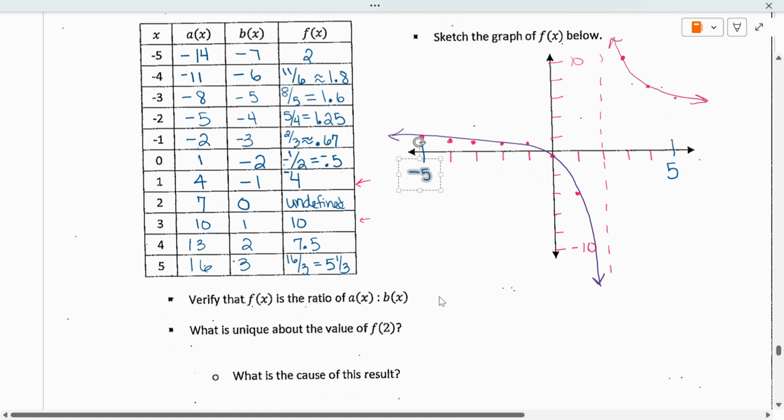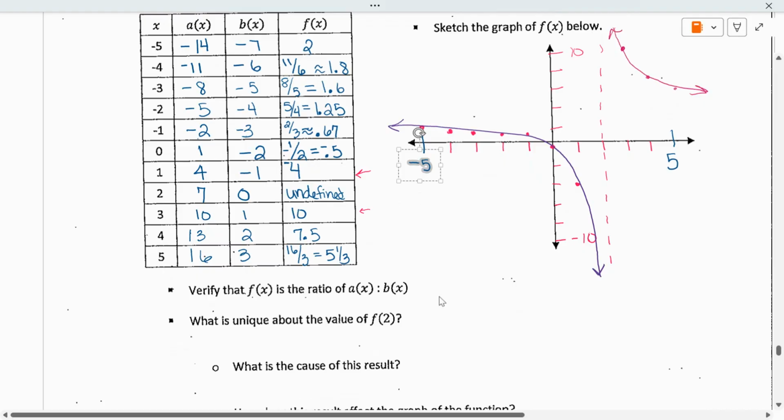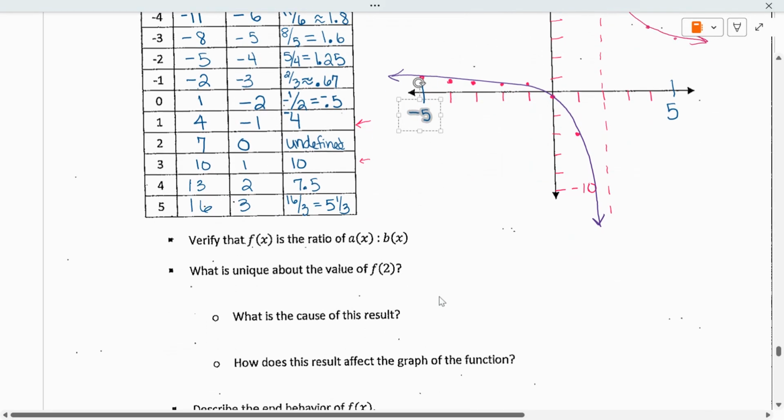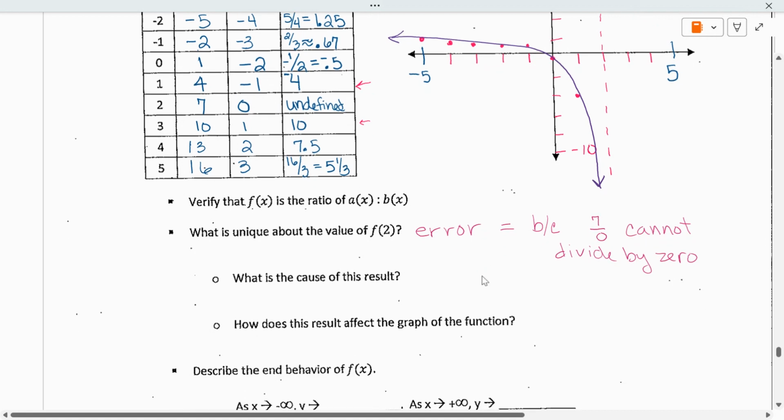Okay, so it says, what about this unique value f of 2? Well, what is the unique value? What happened? You get an error. Why do you get an error? Yeah, because you get 7/0 and you cannot divide by 0. So what is the cause of this result?